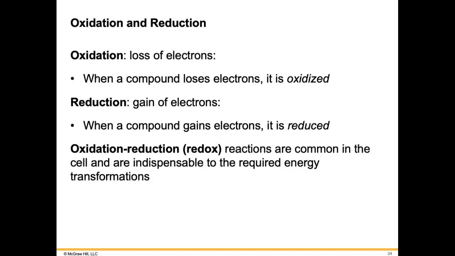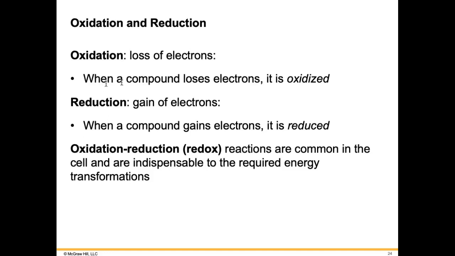If we take away negatives, it becomes more positive. Reduction is the gain of electrons. And again, if electrons are negatively charged, then you're becoming more negative. It's kind of opposite of what you would think, at least in my brain it is.